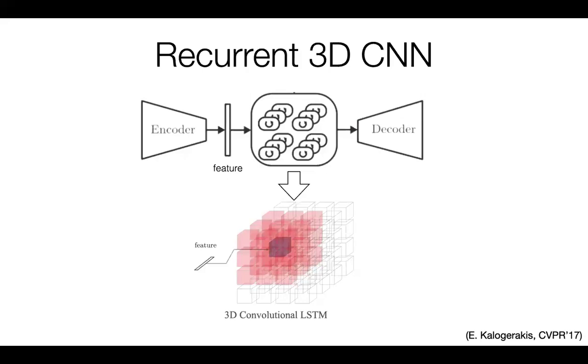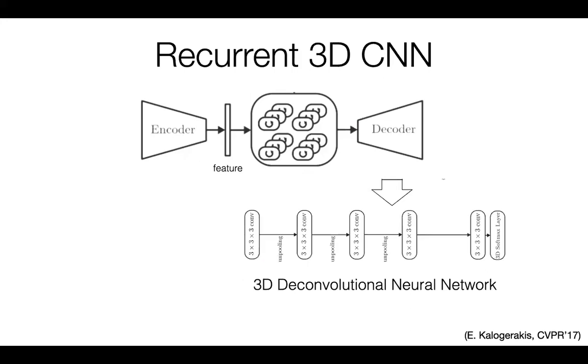And then the features are going to be assigned to different nodes in this 3D LSTM. And here we are going to combine convolution with the recurrent neural network. And then the final part, the decoder, will be a 3D deconvolutional neural network. So here is in 2D, here is in 3D, and here is in 3D with a recurrent structure. And then with that, we get all the results we want.